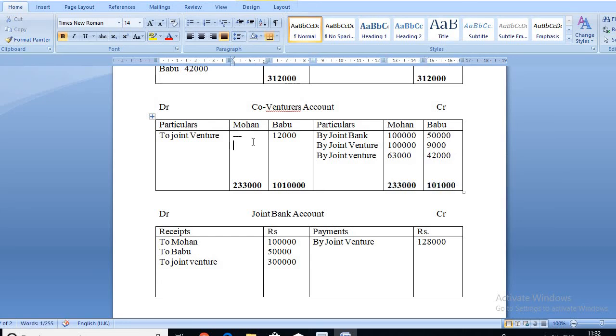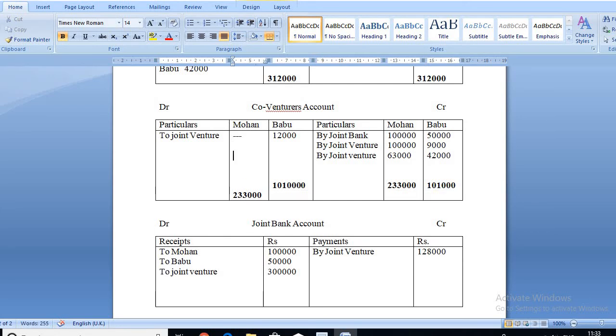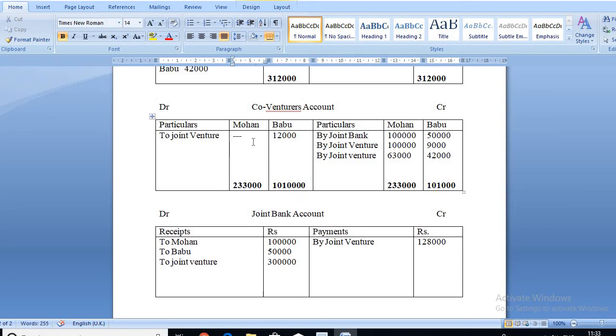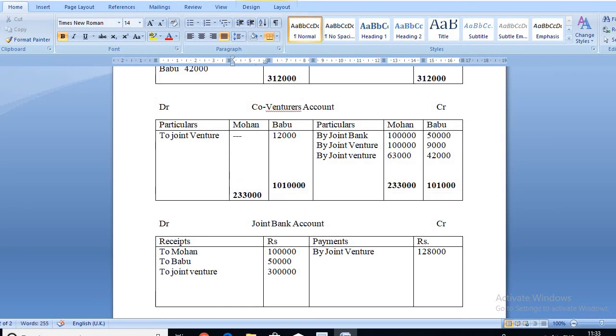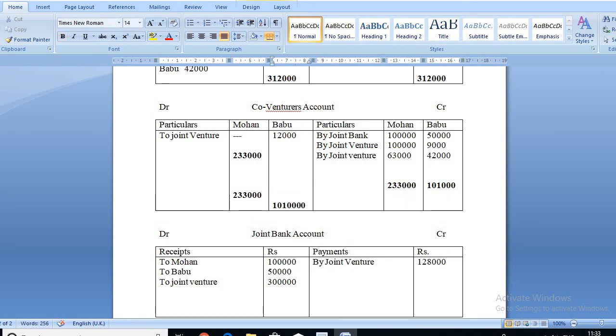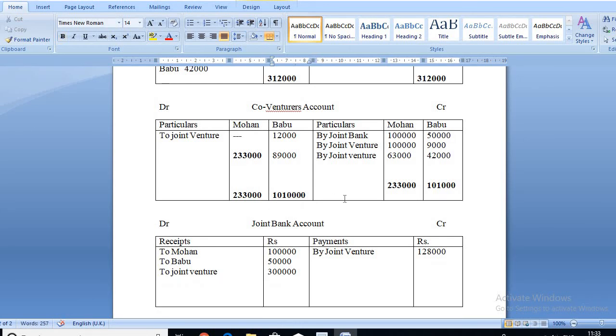Now make the balance. Here the balance figure will be 2,33,000 for Mohan and here the balance figure will be 89,000 for Babu.